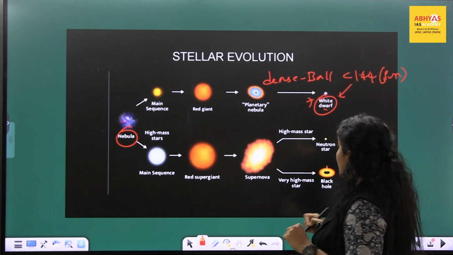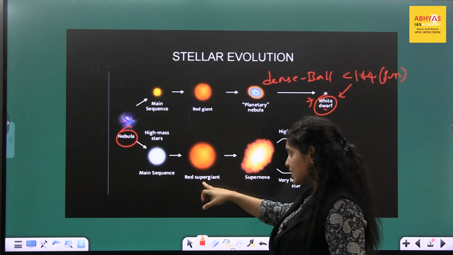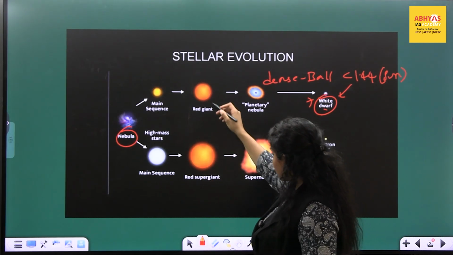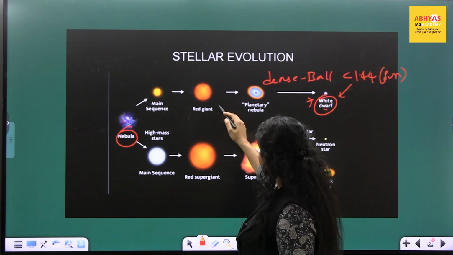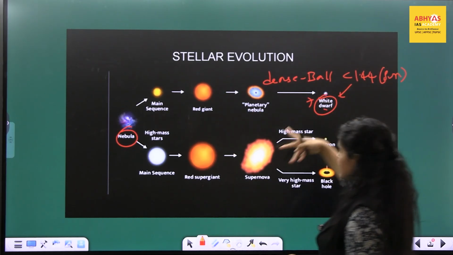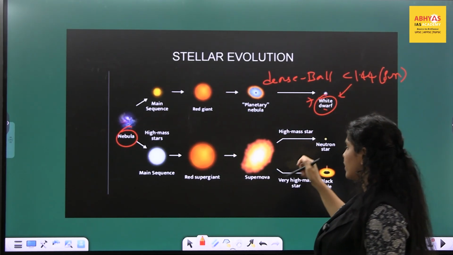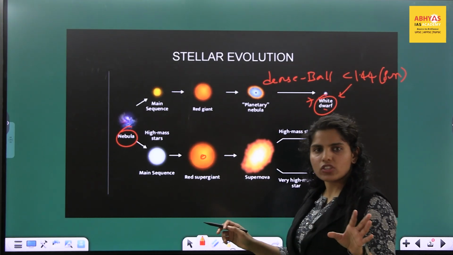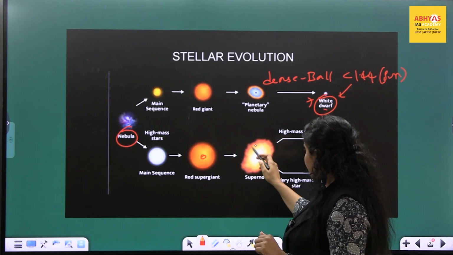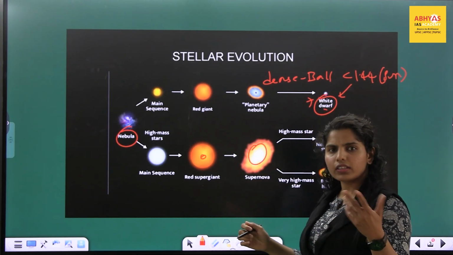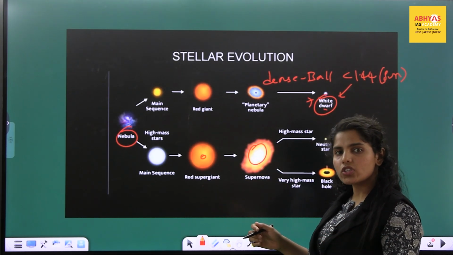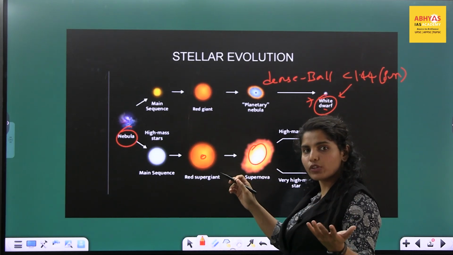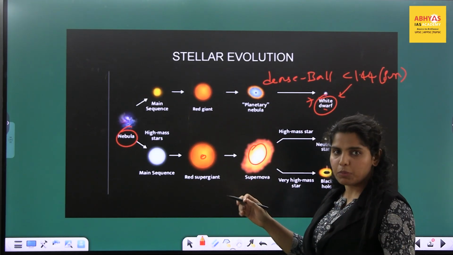White dwarf. Okay, now as I said, from the red supergiant, based upon the size, different things are forming. In the red supergiant core, hydrogen has already been exhausted. The helium or the outer envelope, the hydrogen or helium in the outer shell, when they start fusing, at one point of time it explodes.